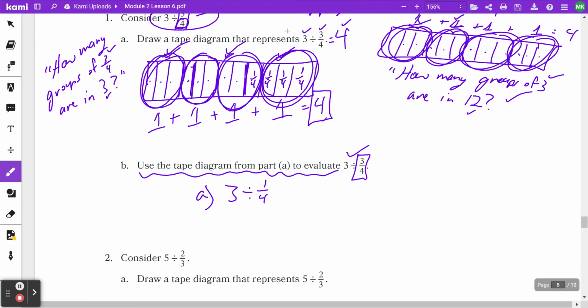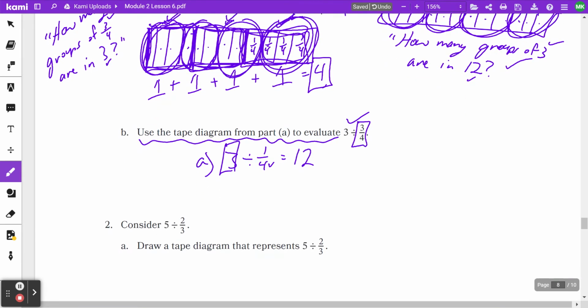What I mean is we had 3 whole, and I split them into fourths. Well, if I split them into fourths, that means I have 12 total groups. 3 times 4 gives me 12. Every one of these whole values was split into 4 parts, and we have 3 such parts. So 3 whole, split into 4 parts, 3 times 4 gives me 12.